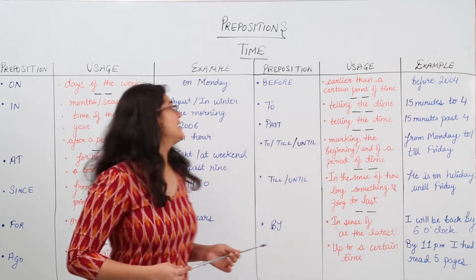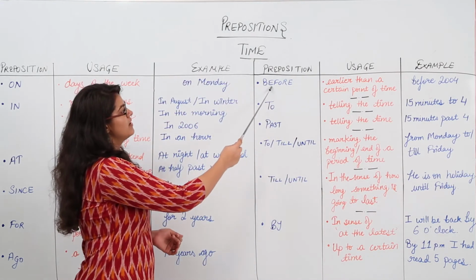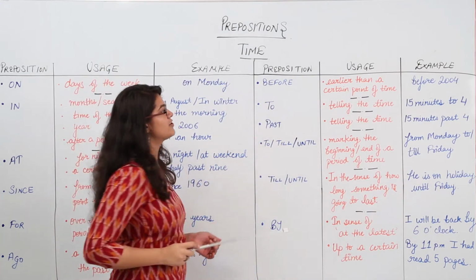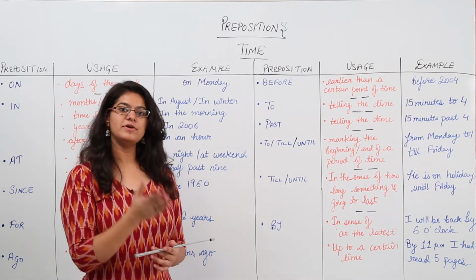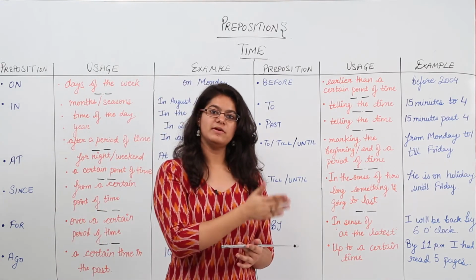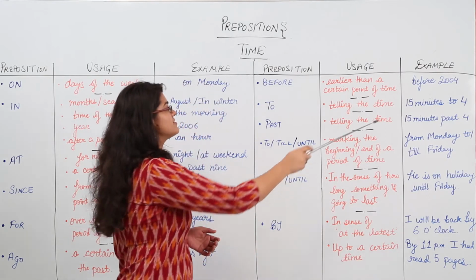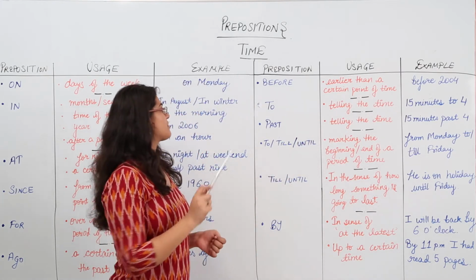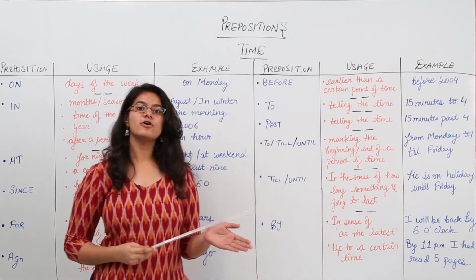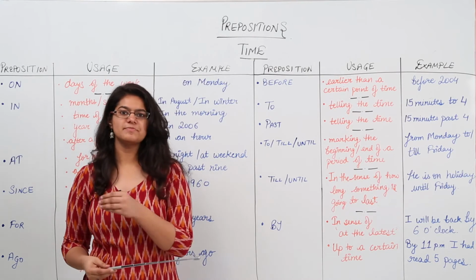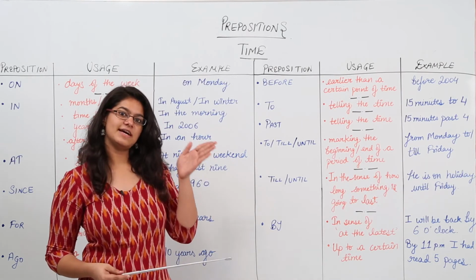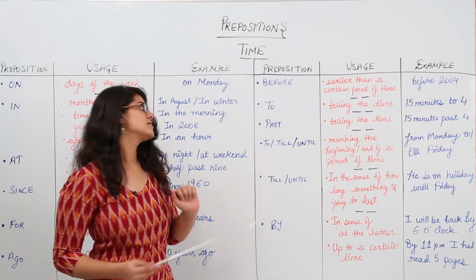Okay. Next would be before. Before is earlier than a certain point of time. Something that happened before a certain point of time in the past. So before 2004. Okay. So we can say before 2004 some rule was in place. So that means that in 2004 it stopped.